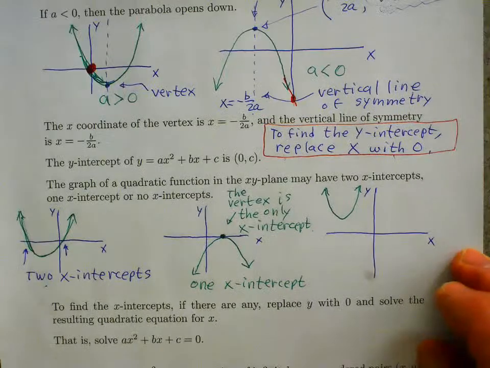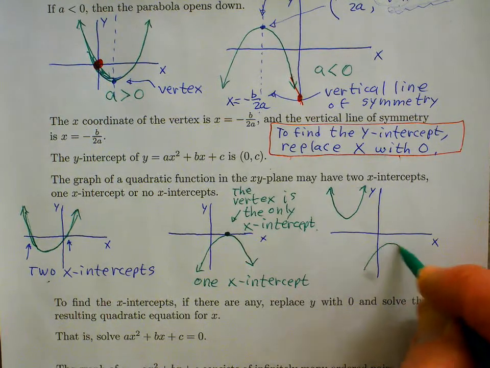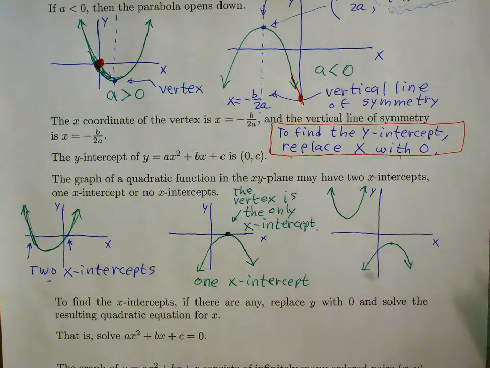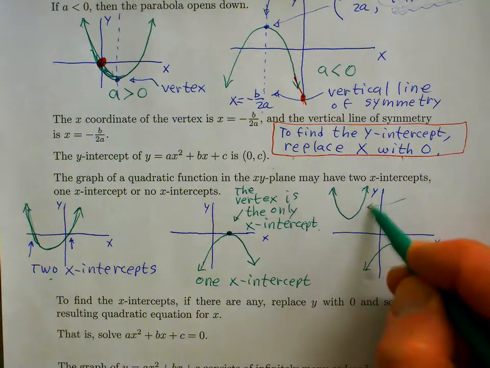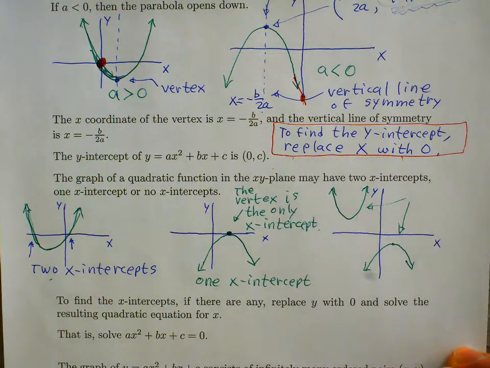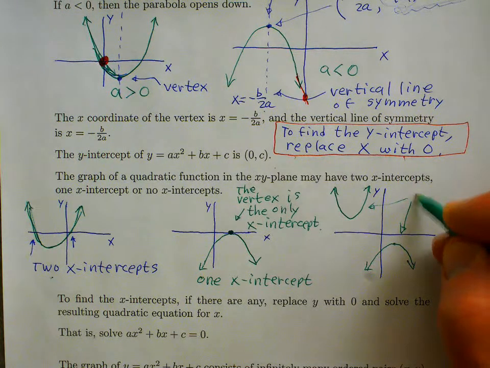If you have a parabola that opens down and the vertex is below the x-axis, then there are no x-intercepts. So here are two drawings of parabolas with no x-intercepts.